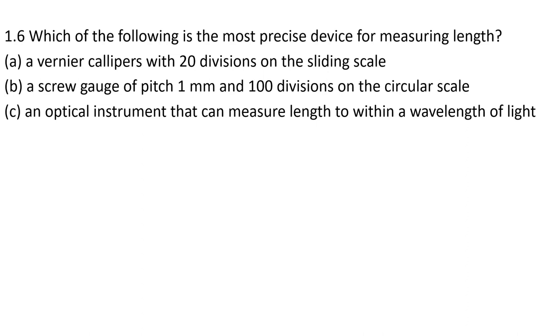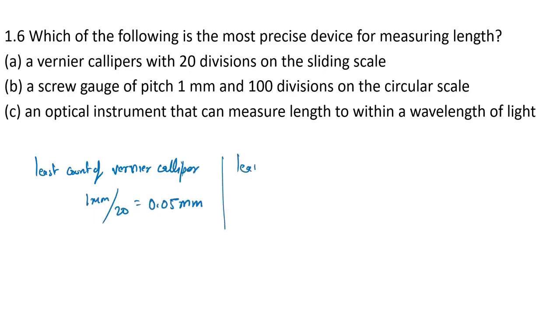The most precise device for measuring length would be the one having the least count. So let us calculate the least count of all these devices. For the vernier caliper, the main scale reading is least 1 mm, so the least count would be 0.05 mm.